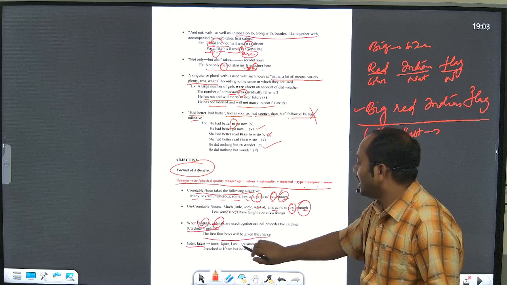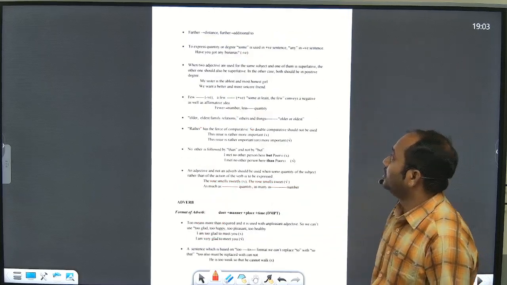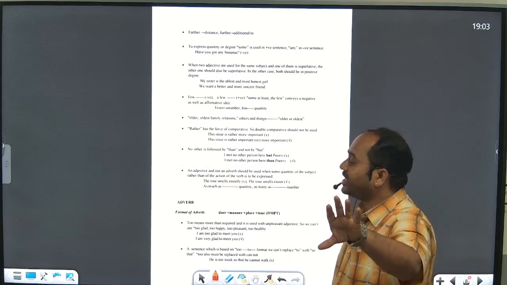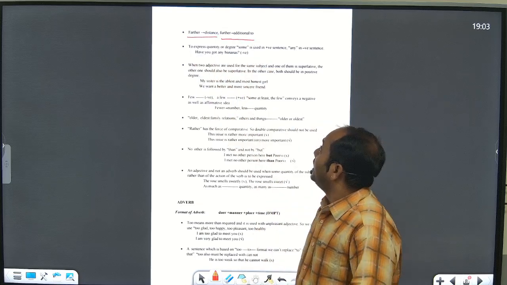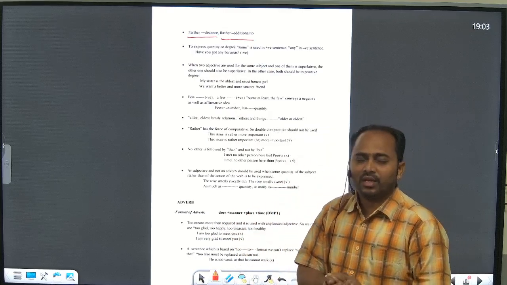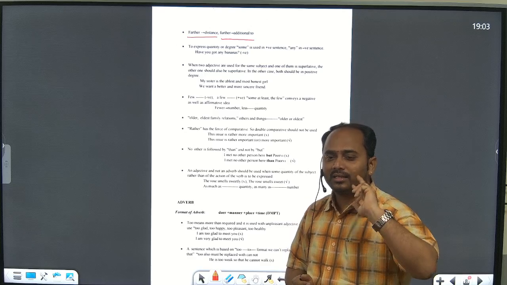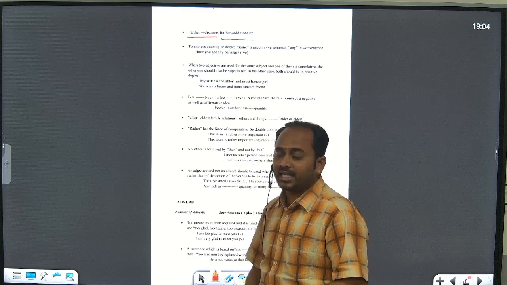But latter and last indicate the position. Next, farther, F-A-R-T-H-E-R, farther indicates the distance, further indicates additional. Generally we get some confusion over these words. Farther, further, both are like homonyms, but the meaning is different. The meaning also we should understand here.